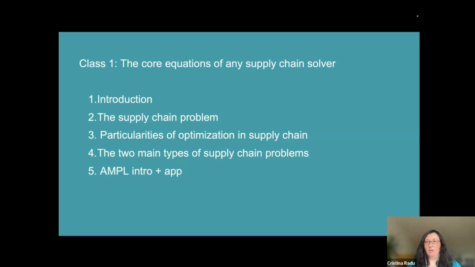Also, as we will learn in the next session, when you build a solver, you have the first phase, which is the phase of building the model. And that in Python, when the models get very large, becomes very, very slow. Whereas AMPL also has optimized this part, so you can build very large models in a very small amount of time.